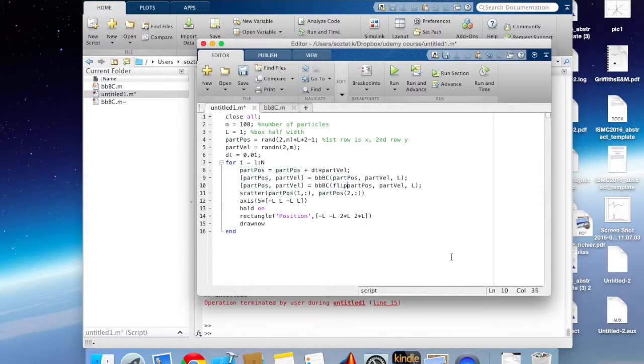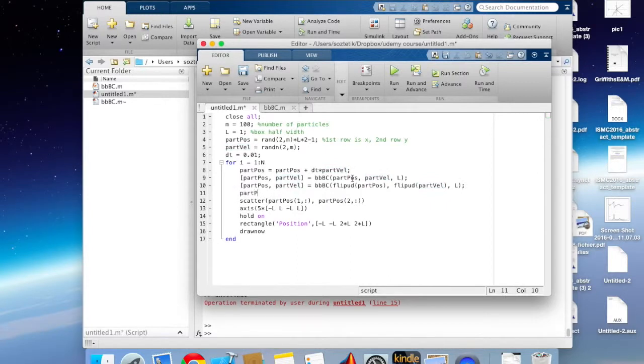We're going to flip the position up and down, and velocity up and down. What we get is the flipped position and flipped velocity.